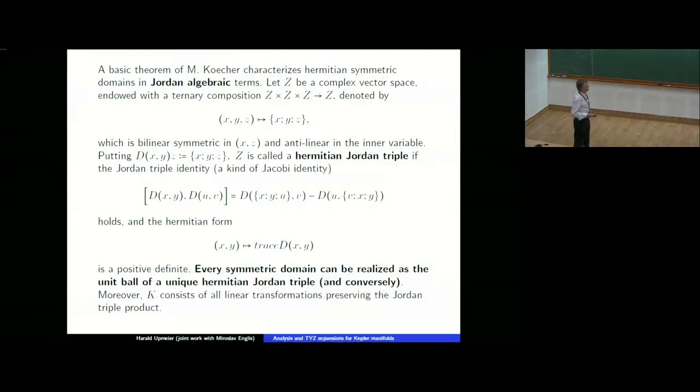So again, as always, Z will be a complex vector space, and we start with a ternary composition. Z cross Z cross Z with values in Z. So it's not an algebra product, which would be a binary composition, but a ternary. But this is very familiar for you as differential geometers, namely the Riemann tensor is a ternary.